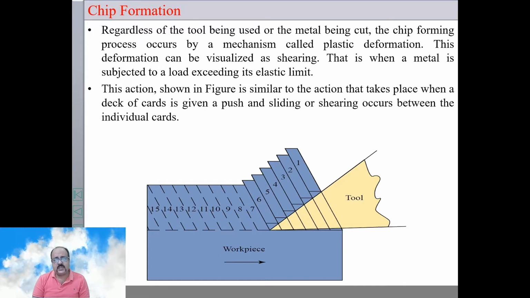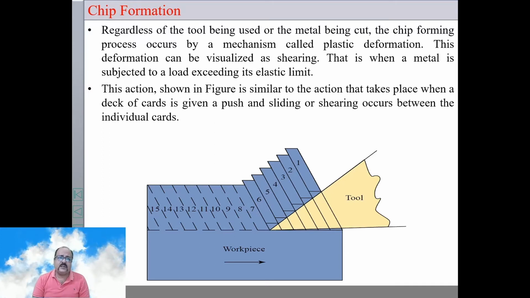Now this chip is considered to be the deformed material, and below the shear plane is the undeformed material. Now the layers remain attached to each other and appear as a deck of cards sliding over each other. That particularly happens in the case of a ductile material.